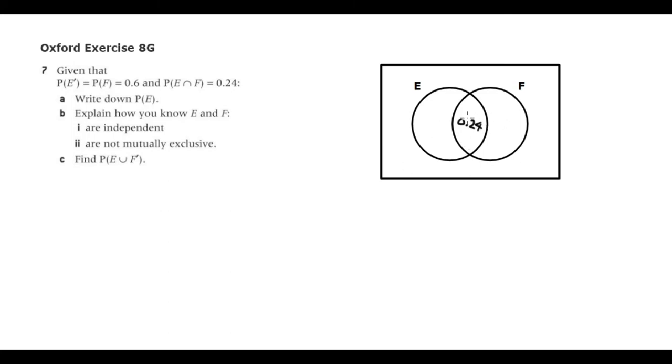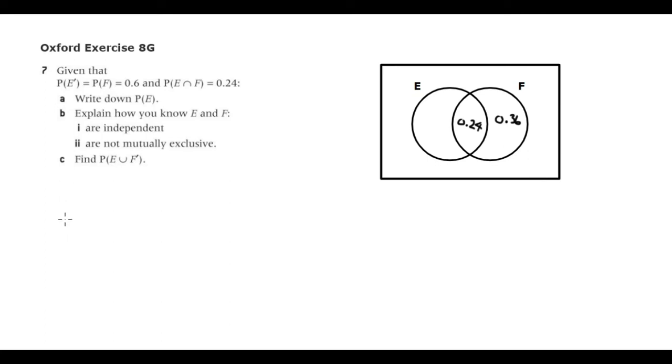So that's the probability of the overlap, and if I know the probability of my entire F circle has to be 0.6, then I just need to subtract that from 0.6 and get a 0.36. It's the probability of the F only part of my circle, but if I add those two probabilities together in that F circle, I get the 0.6, which is the given information.